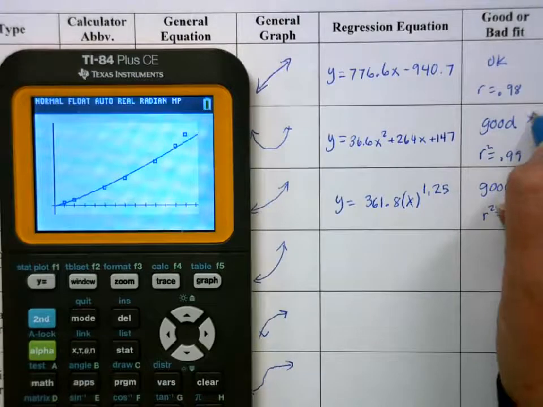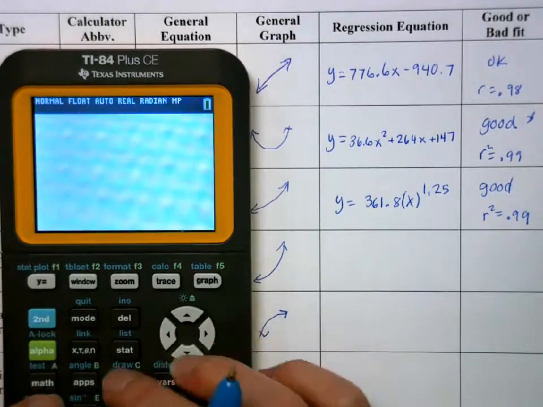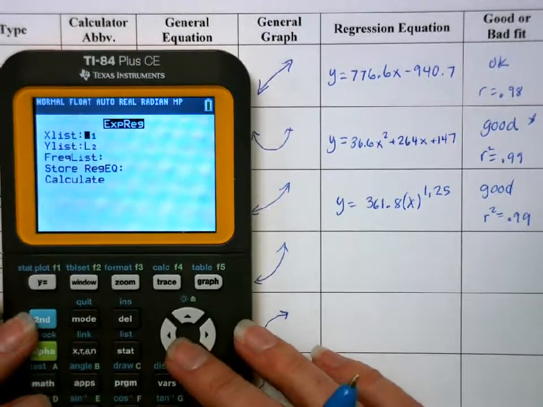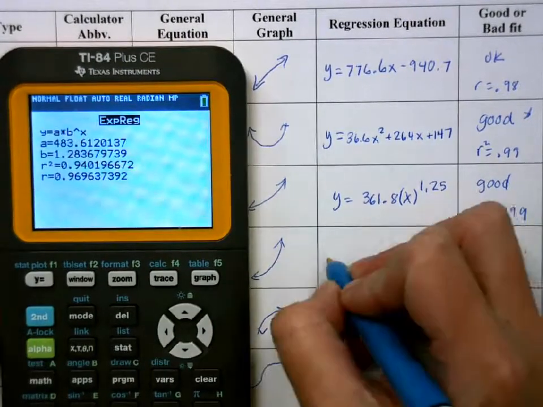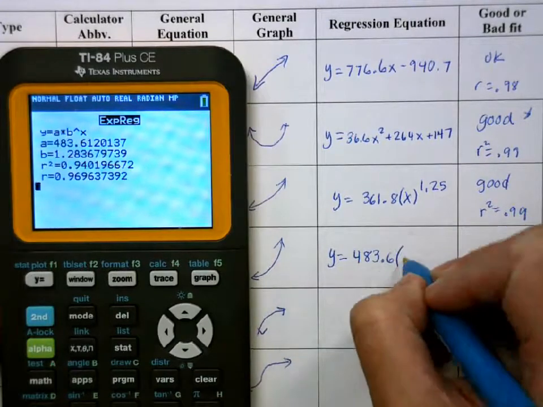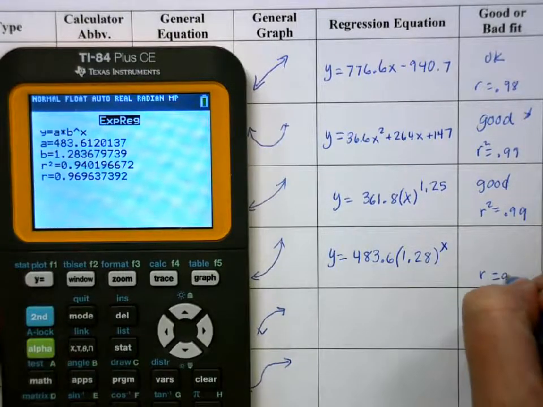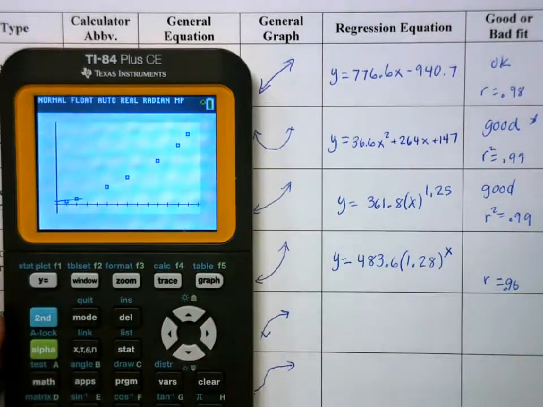Let's do an exponential regression. Okay, it's got an R of 0.96, so not quite as high. Okay, and that one's just not as good. So I'm just going to say it's okay, but not great.